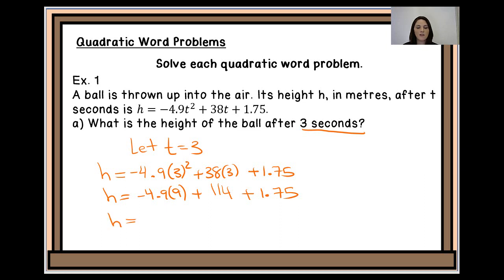You can key this in on your calculator. 44.1 plus 114 plus 1.75. So that simplifies to h equals 71.65. So therefore, after 3 seconds, the height of the ball is 71.65 meters.